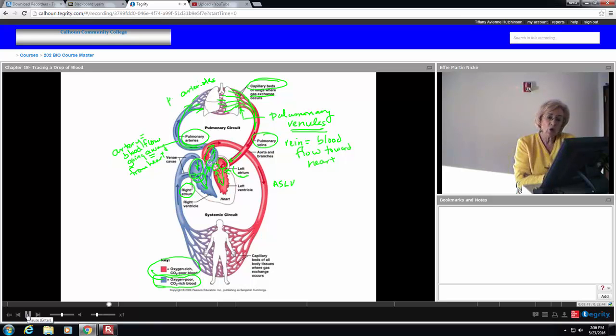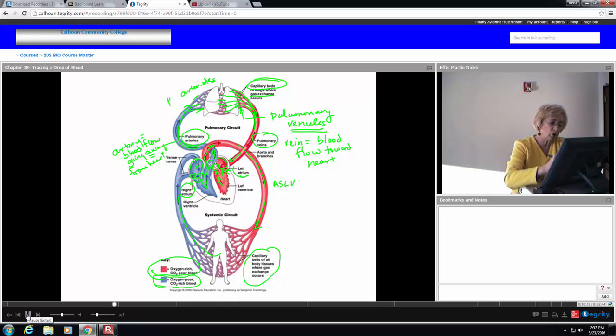So if you will learn that, then the rest of it you will pick up, because that part's always the same. You need to have that part down pat, and then the rest of it I think I can explain with the next few slides, how we take it to various parts and where the things are different. But notice the systemic circulation then is going to go to the capillary beds of all the body tissues, where it can give up the oxygen it's picked up in the lungs, pick up the CO2 to take back to the lungs.